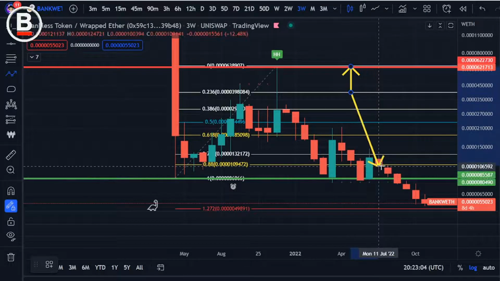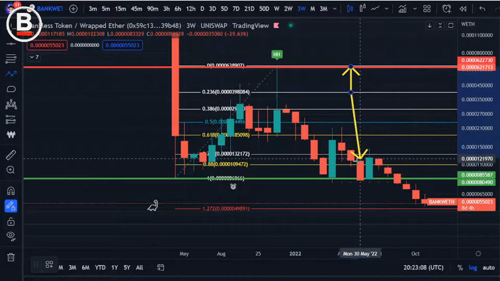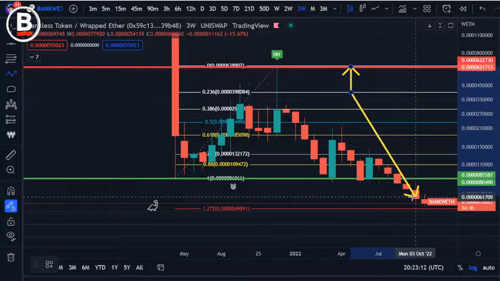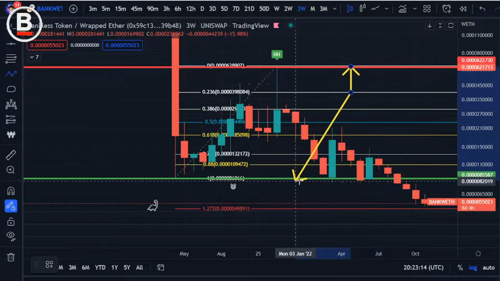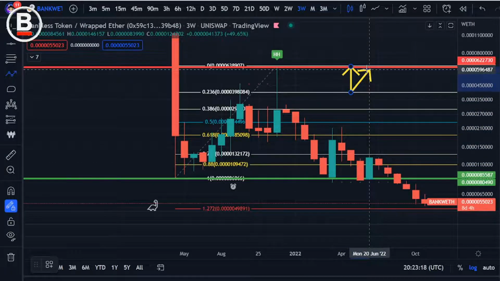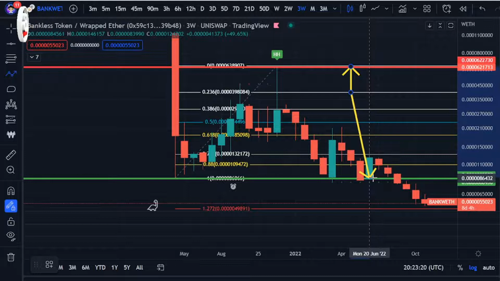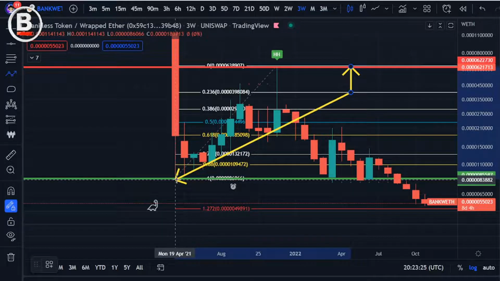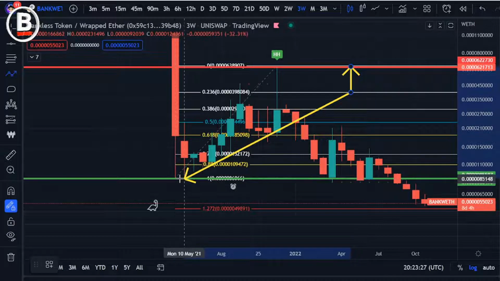So we see a lot of price action around the golden pocket. We see a lot of price action here around the 0.88. However, it's not enough. Still more people selling than buying. And fundamentally, we've moved more than 100% from our all-time high and our original all-time low.